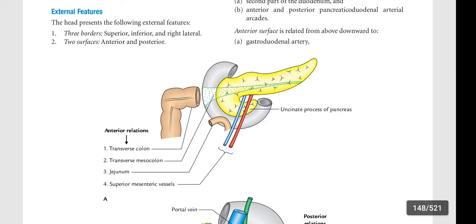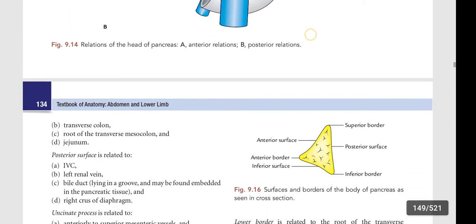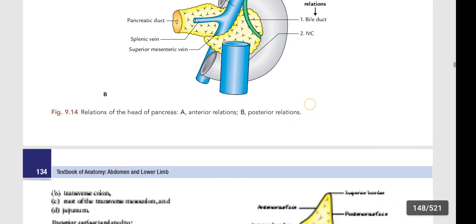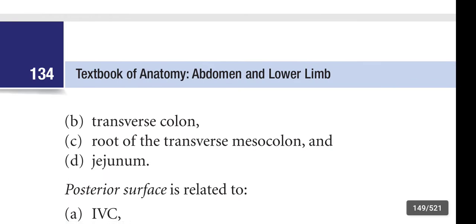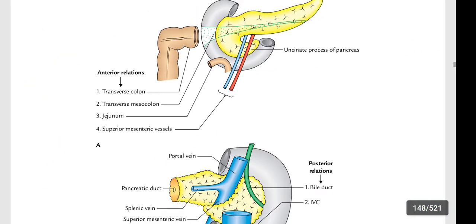The anterior surface is related from above downwards to the gastroduodenal artery, transverse colon, root of transverse mesocolon, and jejunum. See here.